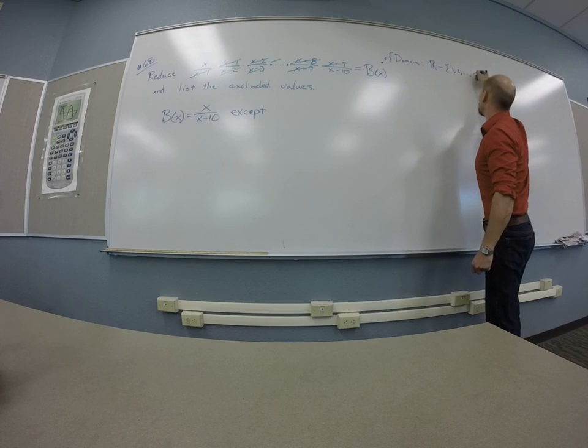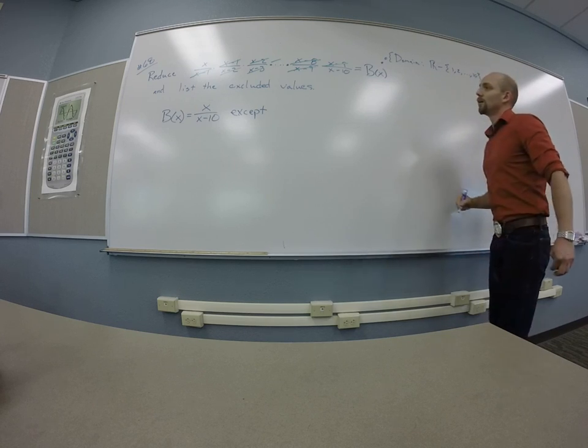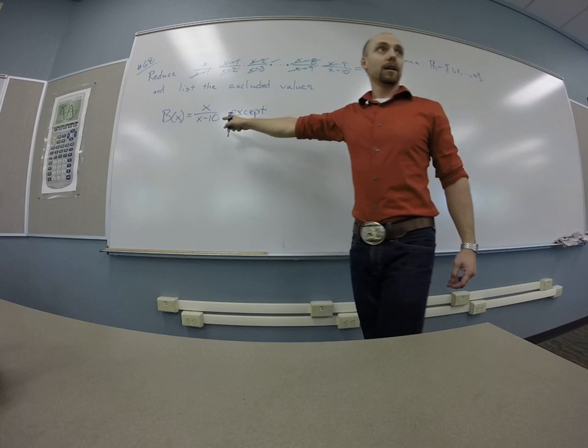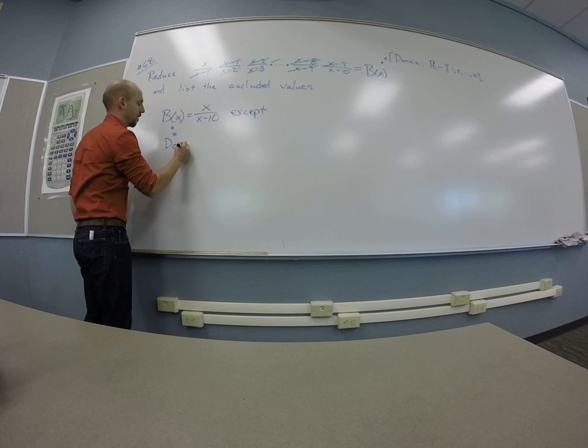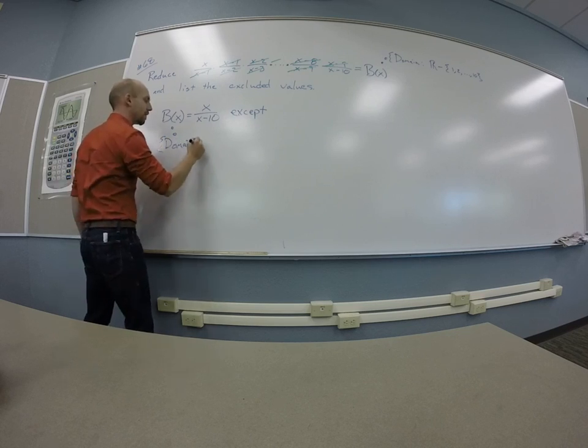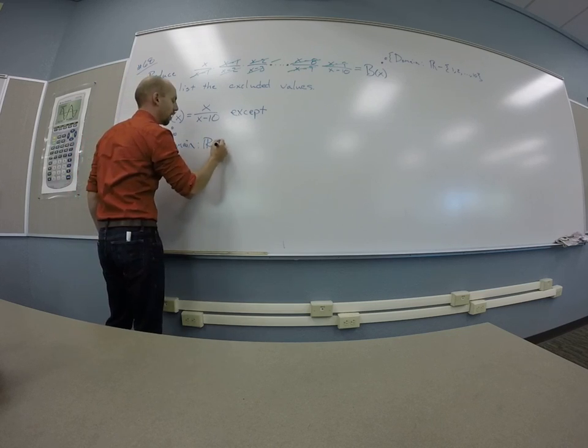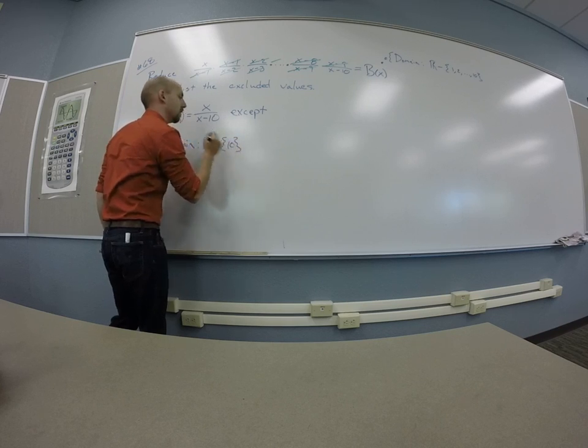Including 10? Yeah, including 10. But the domain of this guy is just everything except for 10. Exactly. So the domain on this guy is R except 10.